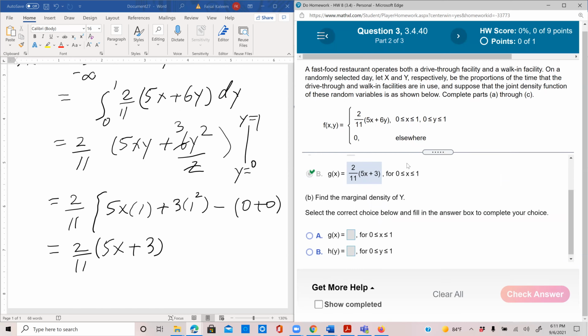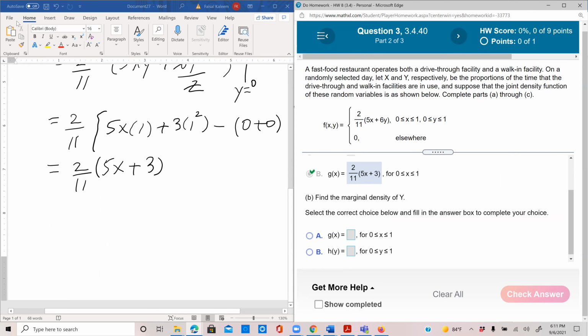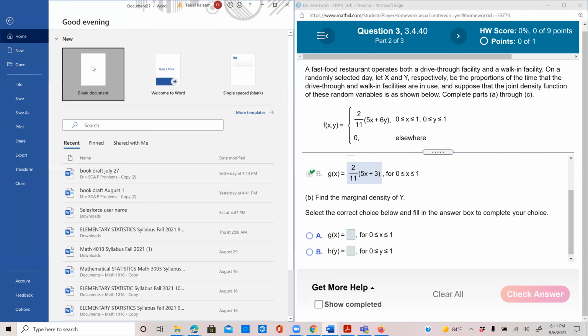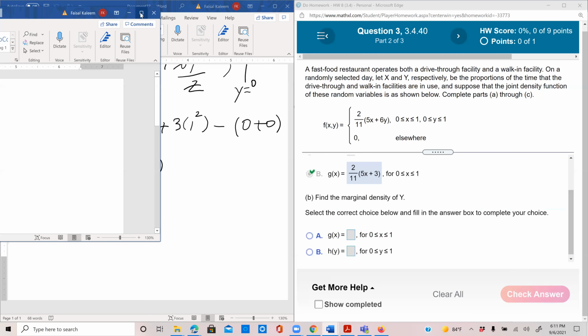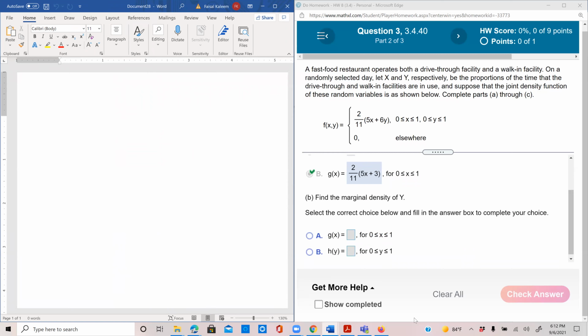Find the marginal density of y. So now the same business. The notation for marginal density of y would be f subscript big Y and then little y here.